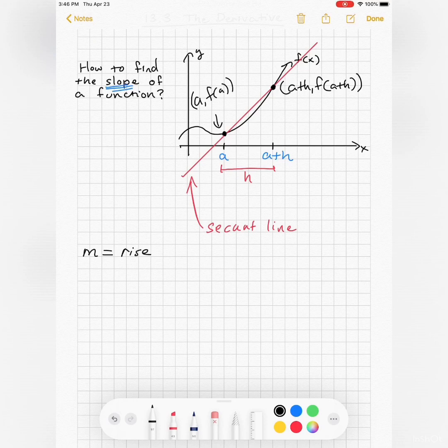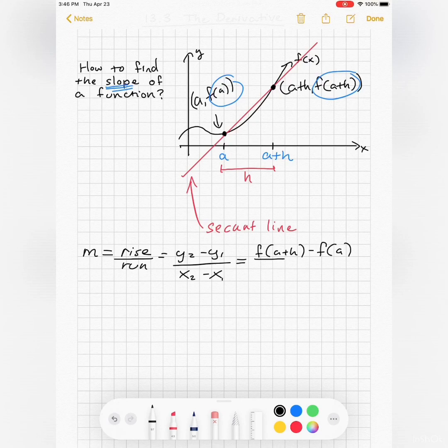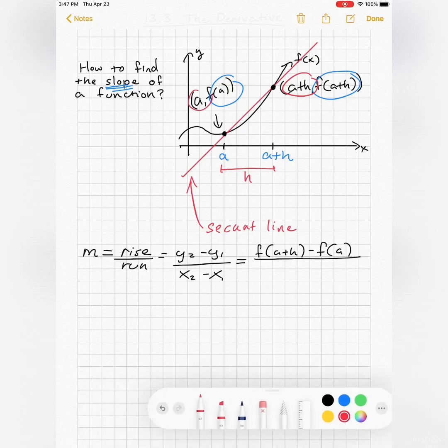So now that I have a line, well, I can find the slope of that line just by looking at the rise over the run. In other words, the y2 minus the y1 over the x2 minus the x1. So here's y2 minus y1. And then my x's, x2 and x1.